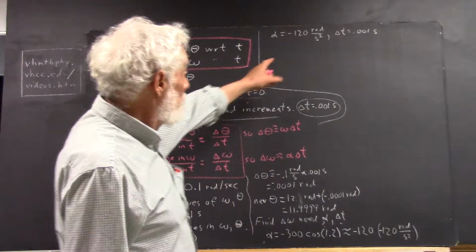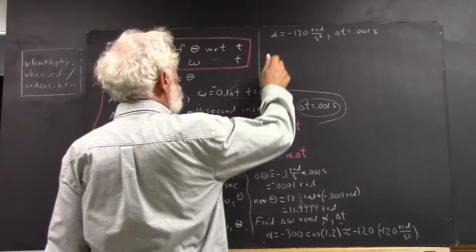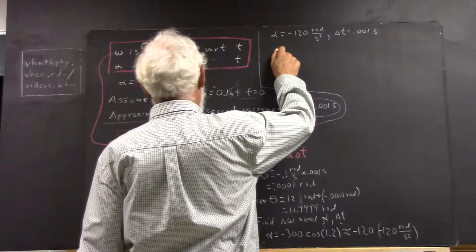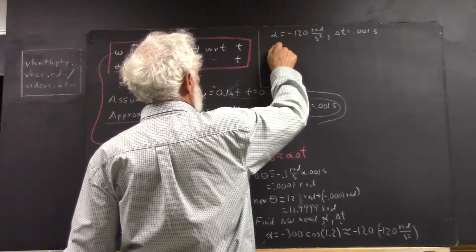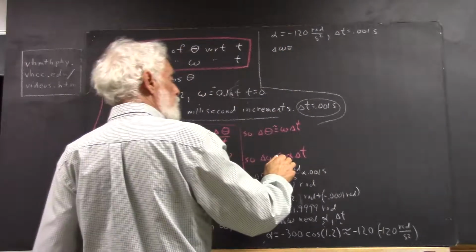Okay, so we multiply that out. Negative 120 times 0.001 gives us what? Okay, first of all, why do we do that? Delta omega is alpha delta t.